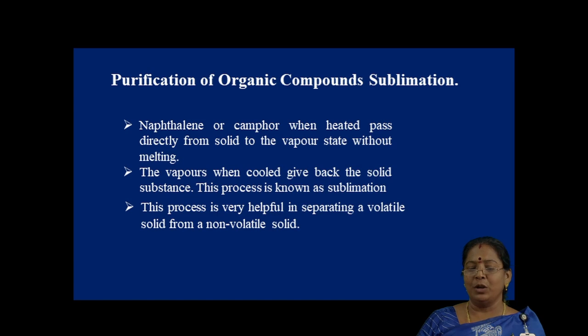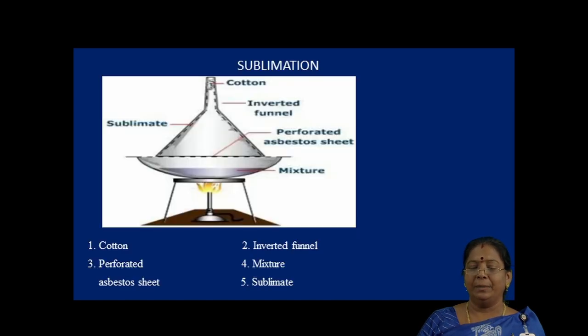This process is known as sublimation. In this process, some non-volatile impurities are easily eliminated. When naphthalene and camphor are mixed with non-sublimable compounds, when we apply this technique, these non-sublimable compounds are easily separated.